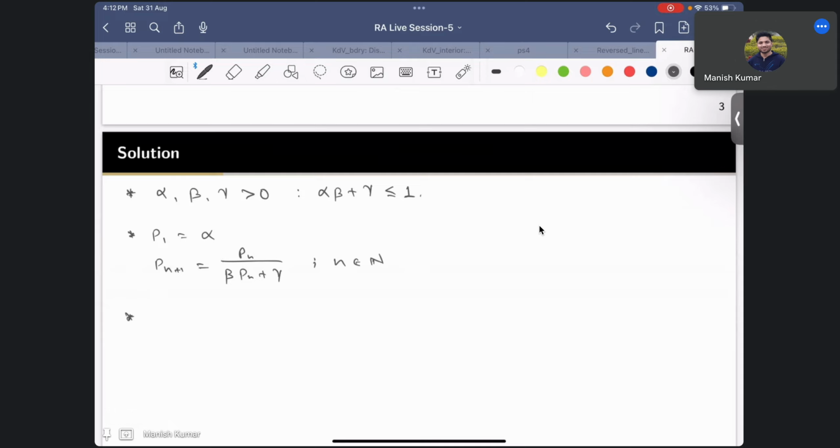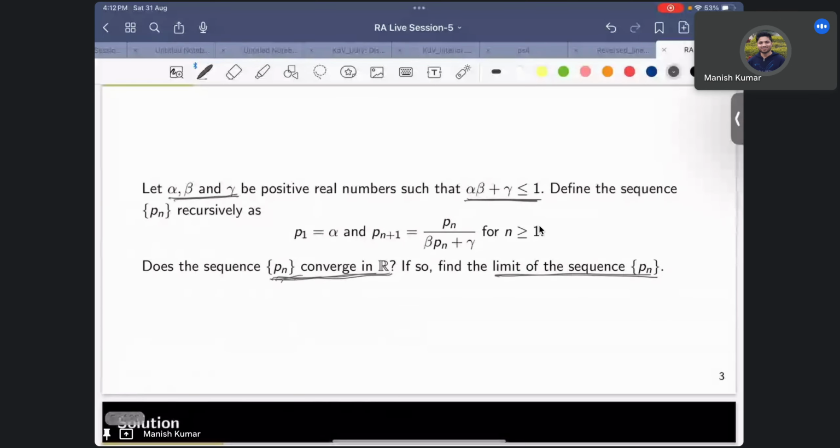To solve this, I'll be using the monotone convergence theorem: you have to show that Pn is an increasing bounded sequence. If I show that, then we get that this is a convergent sequence. I'll show it with this, though maybe there could be other methods as well. So I am using the monotone convergence theorem to prove convergence of this sequence.